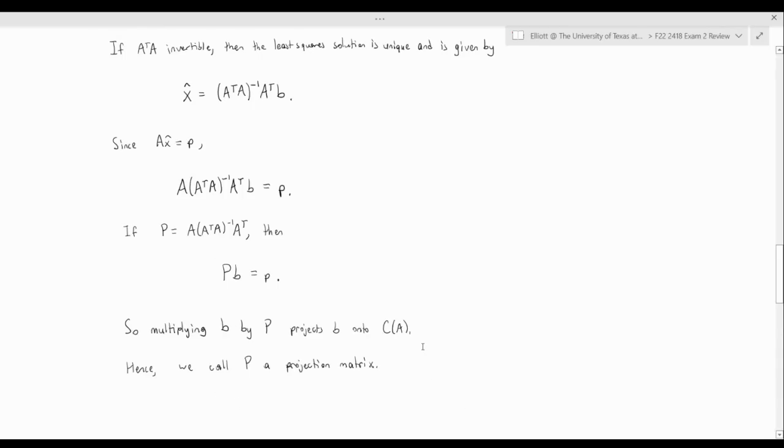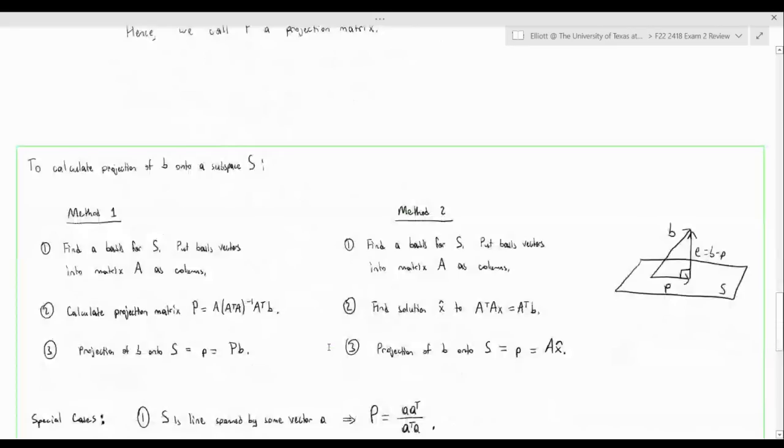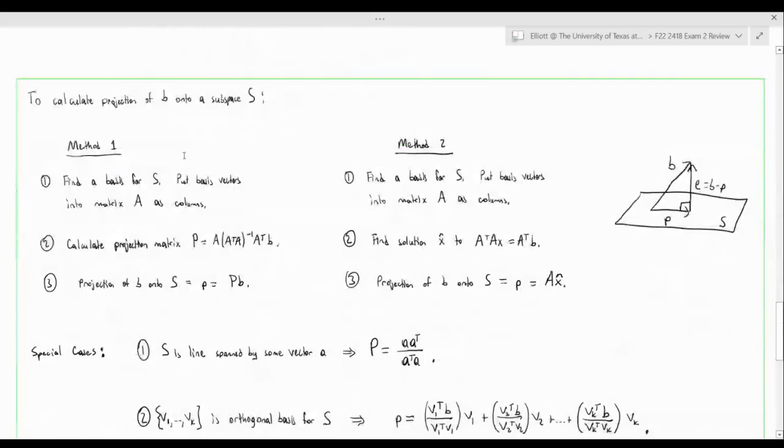Okay. And so here I've kind of summarized a little bit of what we have there. So if you want to project a vector onto a subspace, first you need a basis for that space. Put the basis vectors into a matrix as columns. Once you have that matrix, you can calculate the projection matrix.